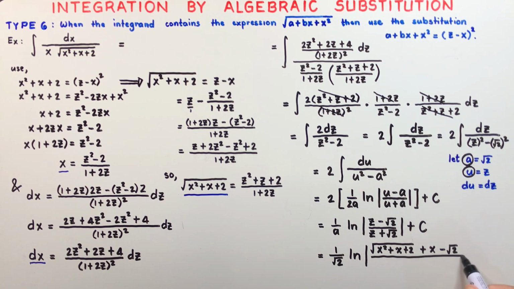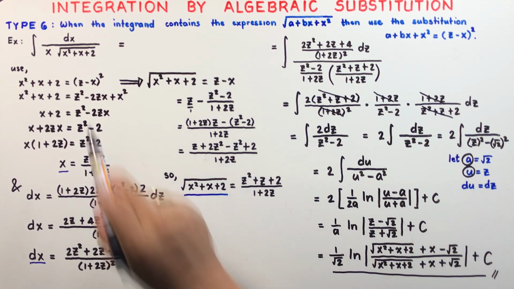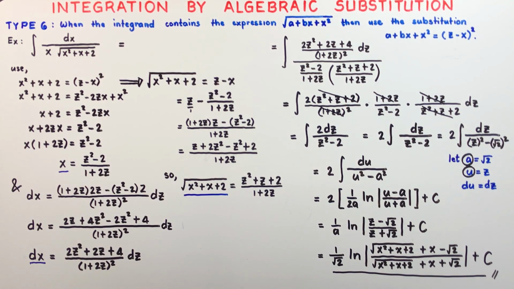And the denominator will be the same as the square root of x squared plus x plus 2 plus x, but this is added to the square root of 2 plus the constant of integration c. And we say that this is our final answer for this example here.